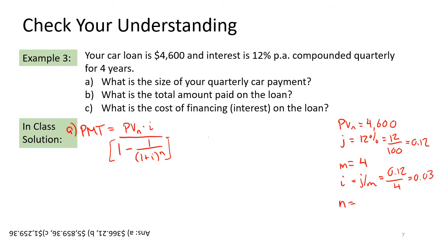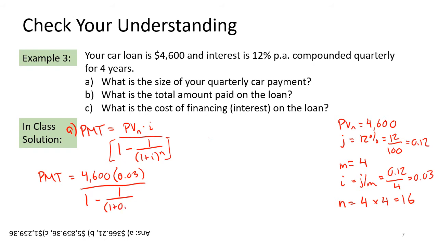The last term, N, okay, your loan is for 4 years, and you're paying 4 payments per year because it's quarterly, so N is 16. So substituting these values in, your payment is equal to $4,600 times your periodic interest rate, 0.03, divided by 1 minus 1 divided by 1 plus the periodic interest rate, 0.03, to the exponent 16.